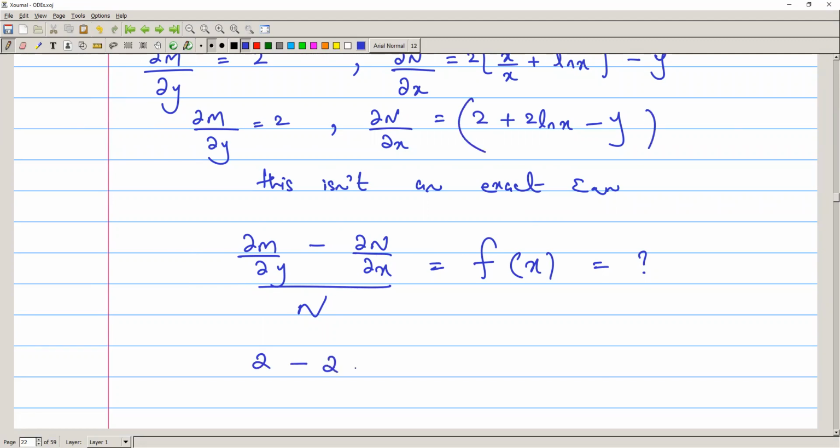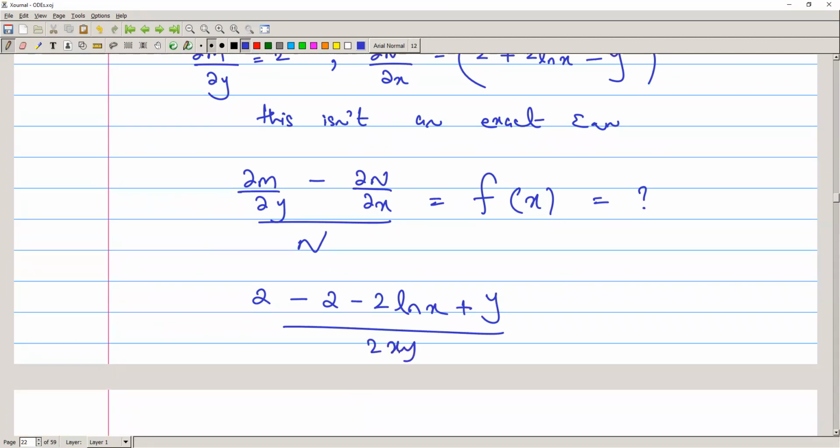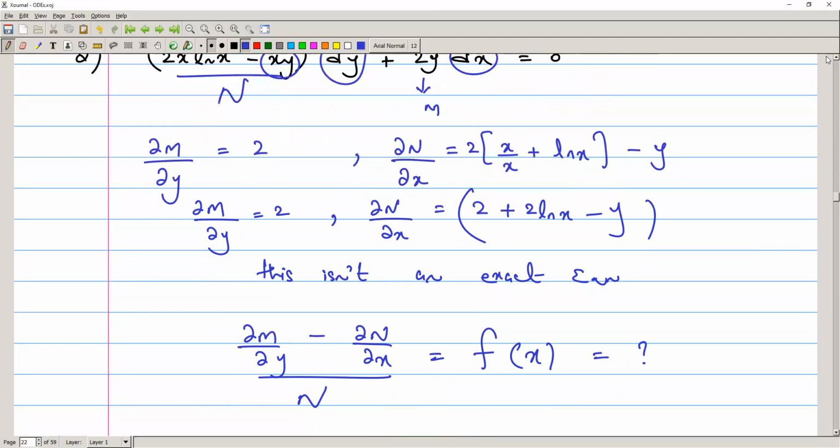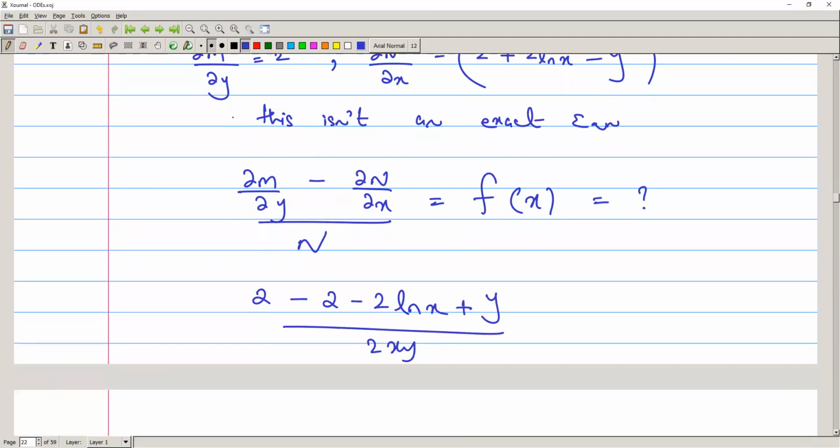So we write 2 minus 2 plus 2 ln x minus y, divided by N. Sorry, our N in this case is 2x ln x minus xy.